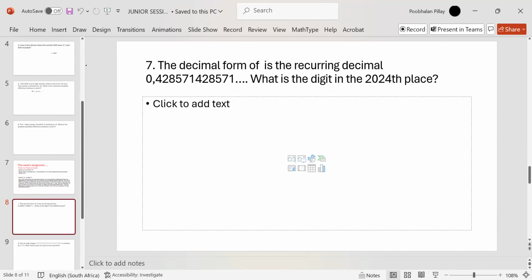Okay, number 7, the decimal form of, actually, something I'm missing here. It's actually 3/7. So if you take 3/7 and work it out as a decimal, you will get this number that we are getting.